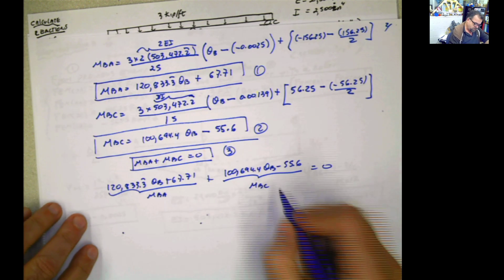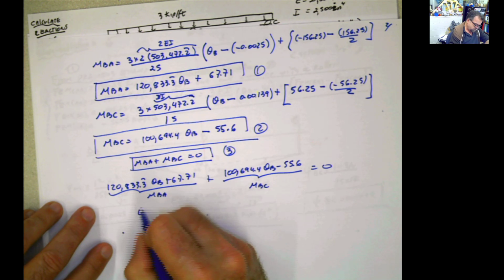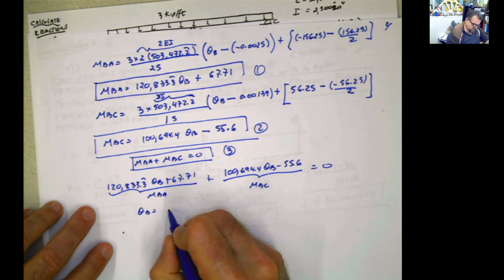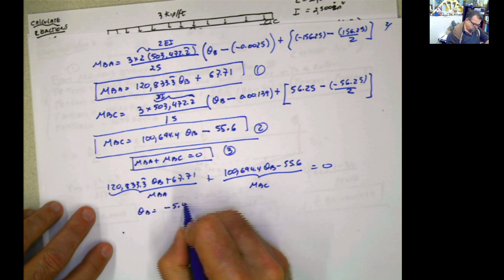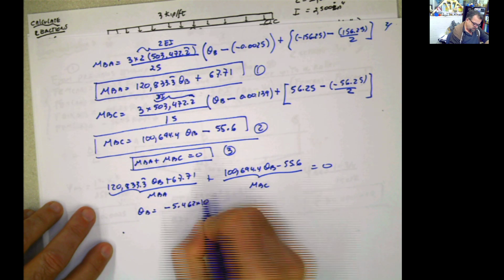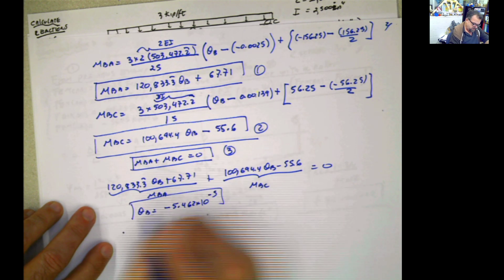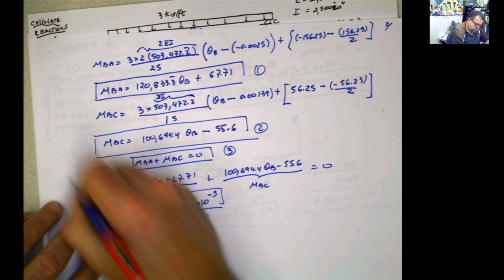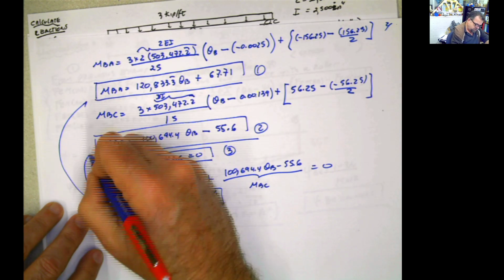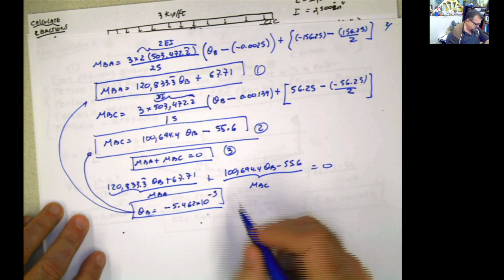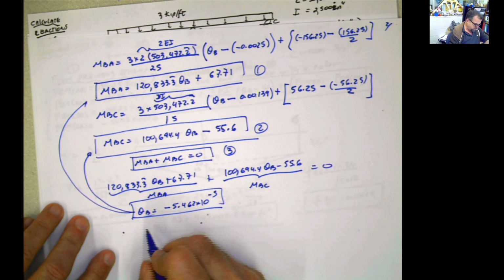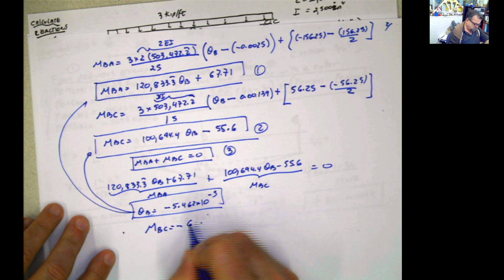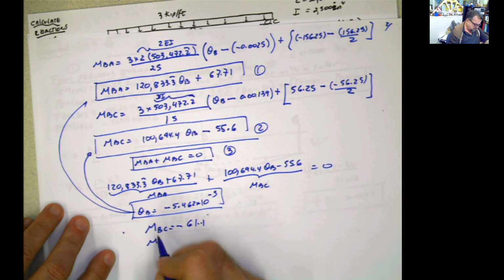And so for your rotation, negative 5.462 times 10 to the negative 5 rotation at B, plug this into here, get MBA, plug this into here, get MBC. And the moment at BC is negative 61.1, and the moment at BA is 61.1.